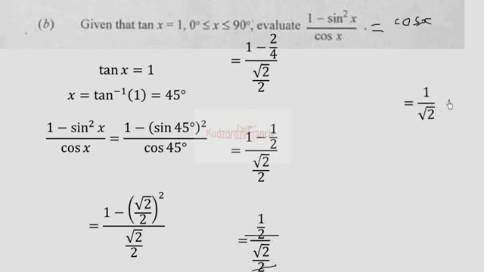Then you have to rationalize. Rationalize means you multiply both sides by root 2 over root 2. And that will give you root 2 over 2. So the correct answer is root 2 over 2.